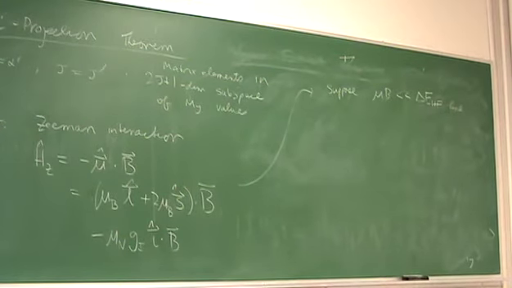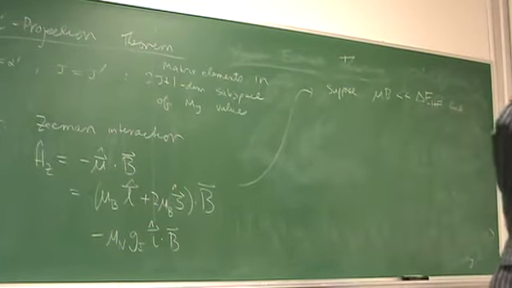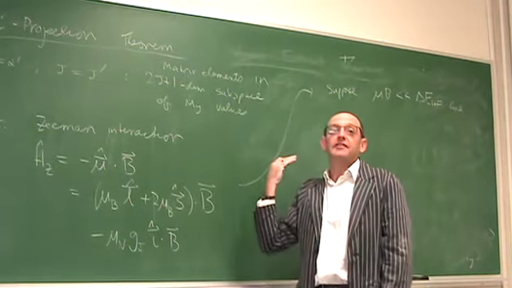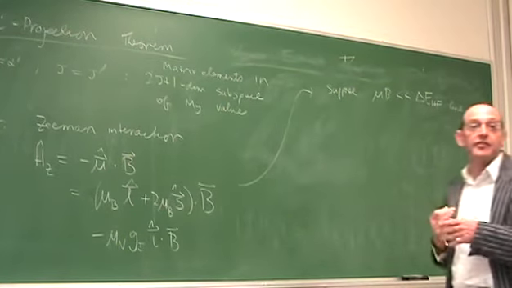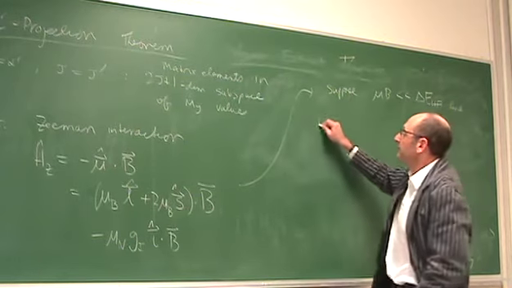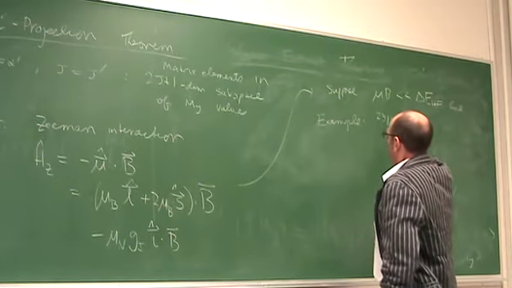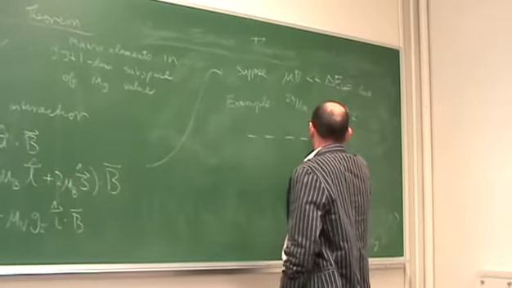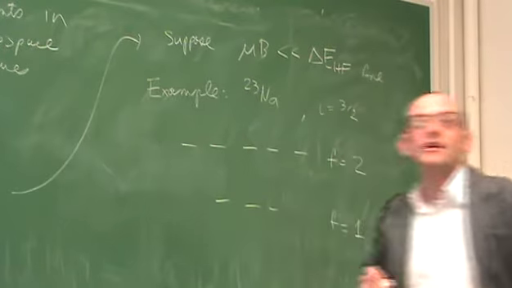Then the perturbation doesn't mix strongly states that are associated with different values of F, but instead strongly mixes the different M_F values within a given F. For example, let's say we have sodium 23 with spin 3/2, which has an F equals 2 and an F equals 1 manifold.